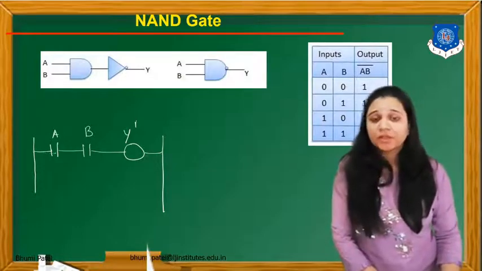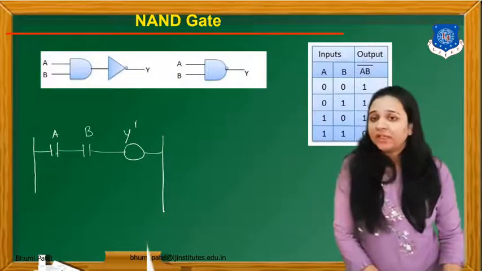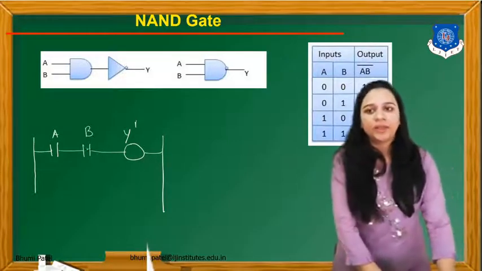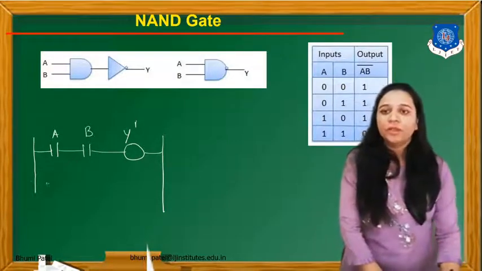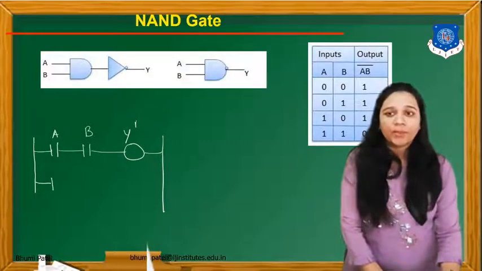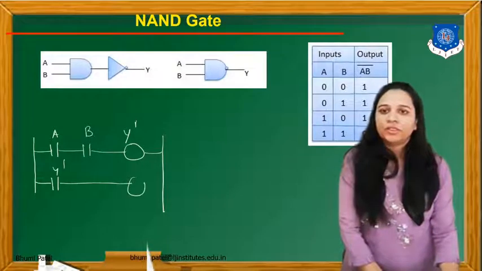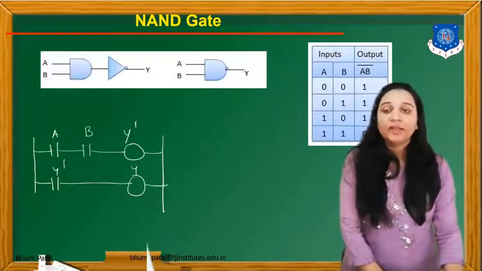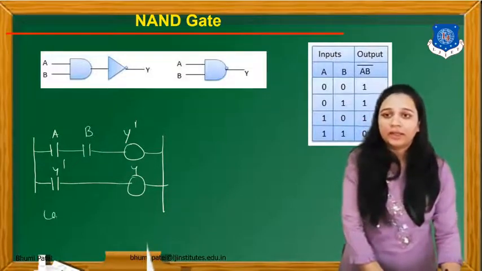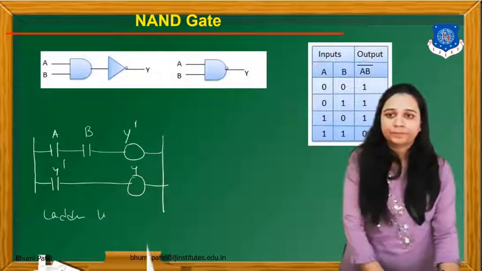So in the first rung we put the logic of the AND gate, that is A and B is my input and Y dash is my output. Now in the second rung we put Y dash as the input and the actual output is the Y.